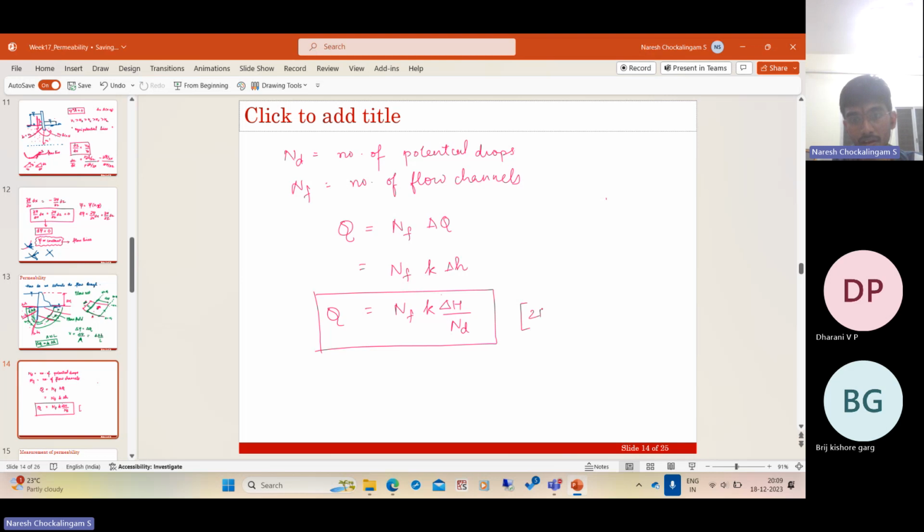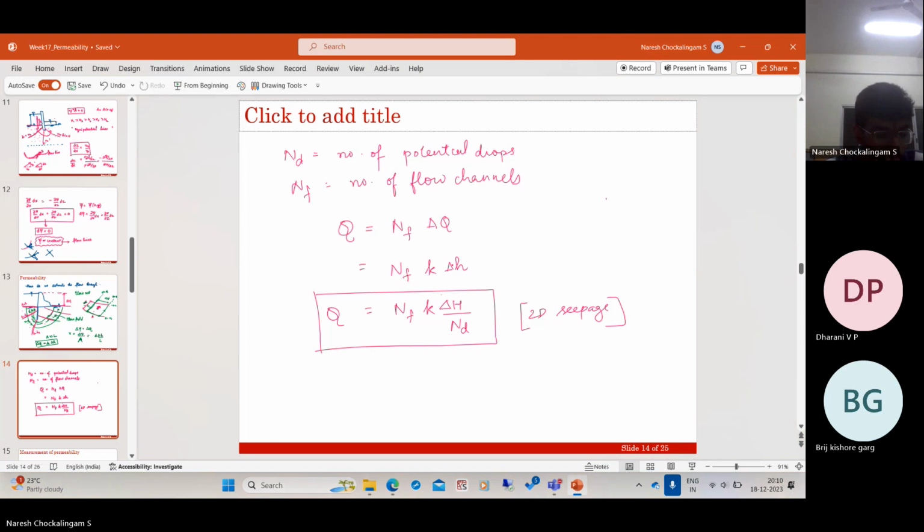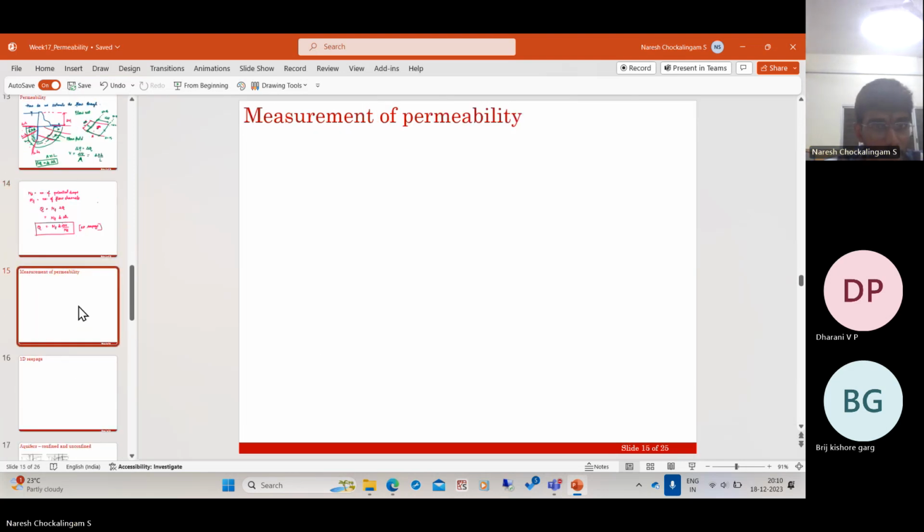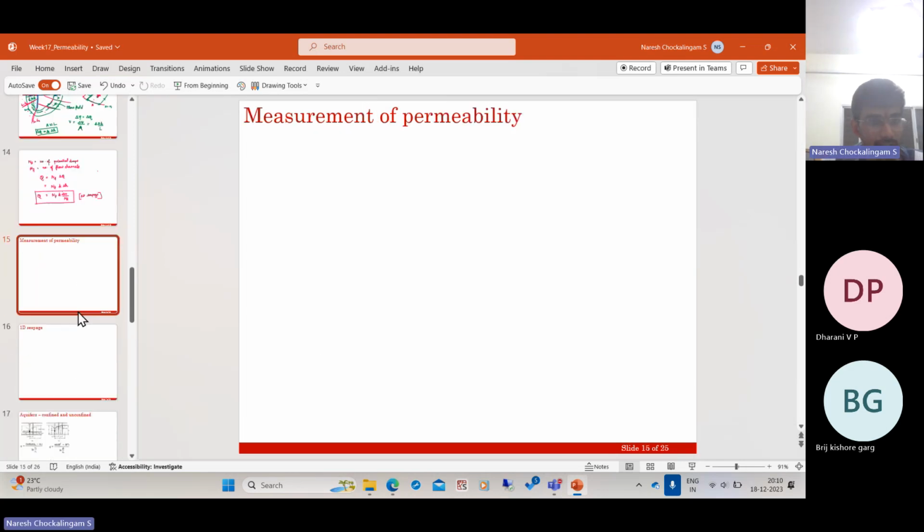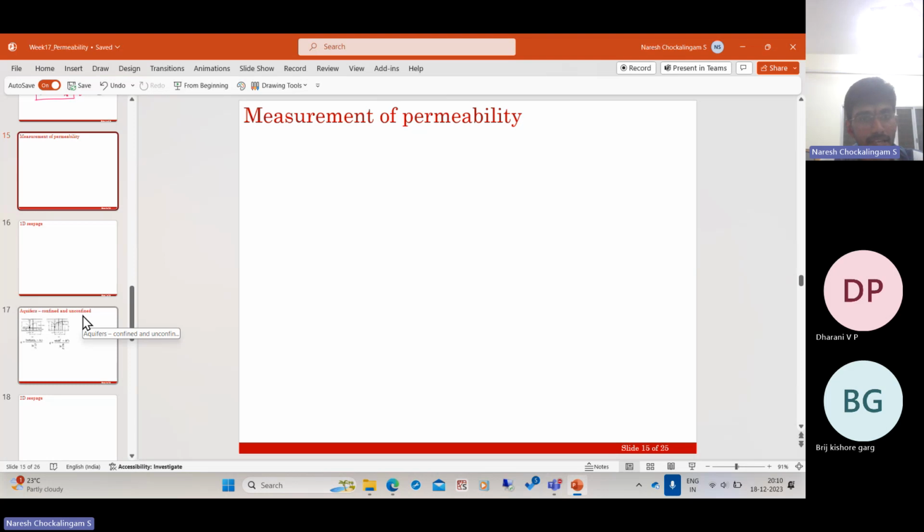So this is the end of, at least for the GATE syllabus, this is what is flow in 2D. This is the end of 2D flow. So we'll look at problems. We'll definitely look at some problems. So there are ways to measure permeability in lab.